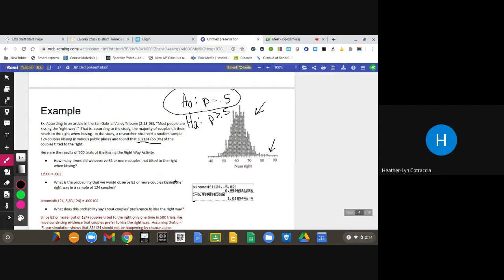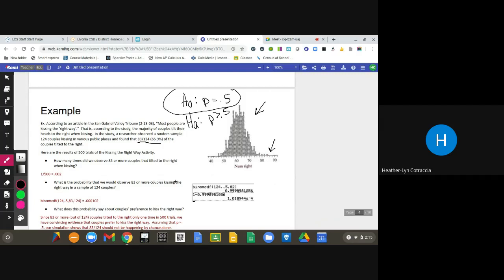That means assuming that there isn't a preference, that you could go left, you could go right, everybody feels comfortable no matter what, then the probability of getting that 83 out of 124 would be unusual. Let me say that one more time. You're assuming that the proportion is 0.5, that there isn't a preference.